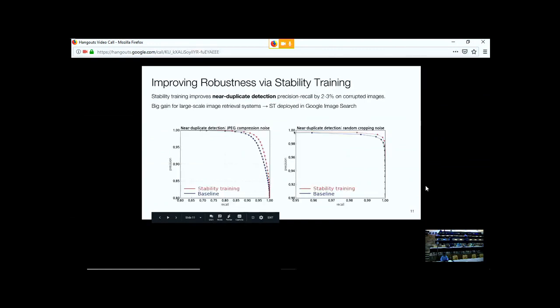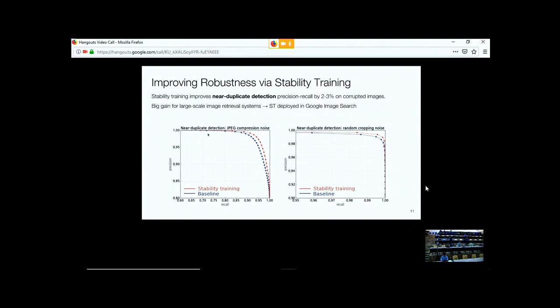So how does it show itself? Well, it turns out that stability training improves the near duplicate detection precision recall rate by 2 to 3% on corrupted images. For instance, let's say you take images that are originals, and then you take the JPEG version of those images. The question is, can you detect that these images are actually the same?